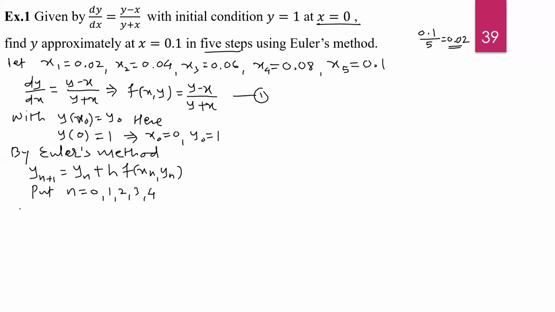Now put n is equal to 0 here. That is y1 is equal to y naught plus h times f of x naught comma y naught.